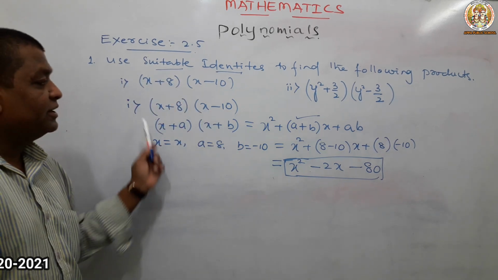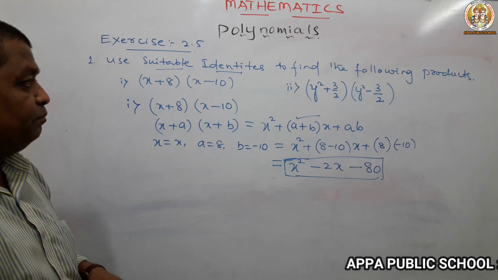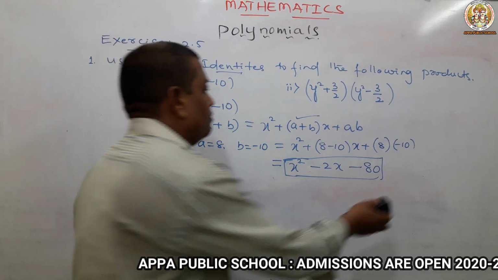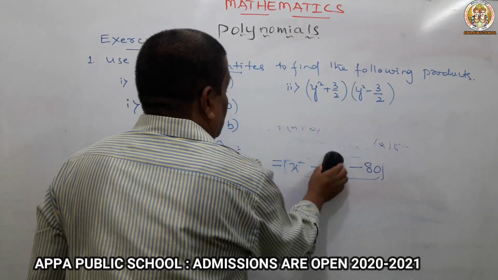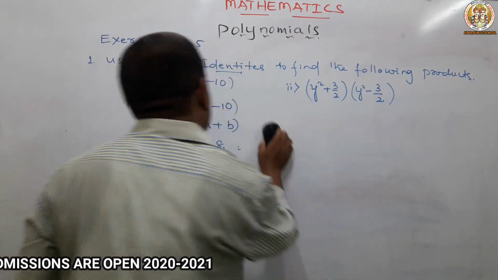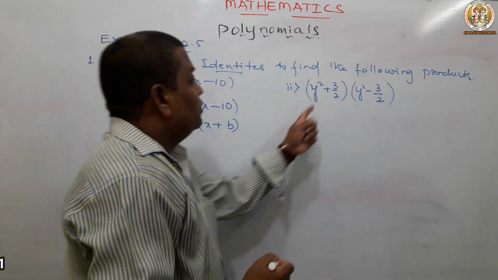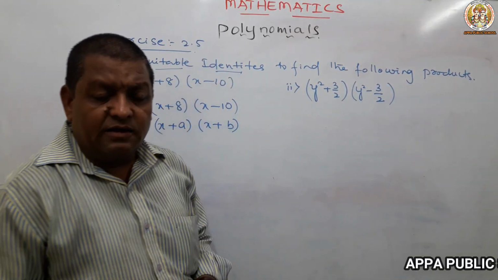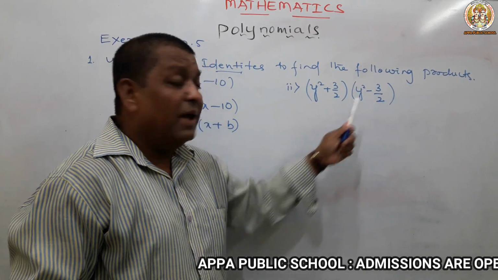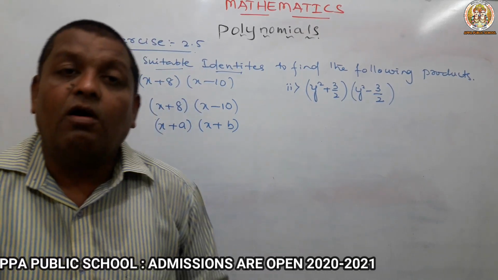Okay, now you understood the concept of x plus a into x plus b. Now I am moving to this form. How is it? Spend 2-3 or 4 seconds to make sure yourself in which form it is.